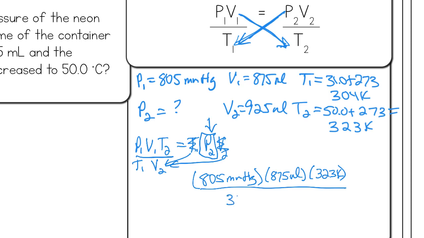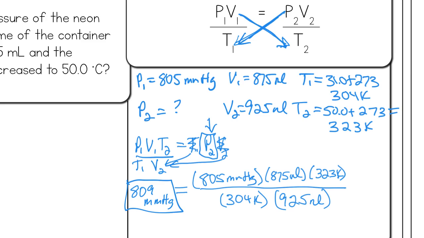T1 was 304 Kelvin times V2, which was 925 milliliters. So I'm going to put that in the calculator and solve for it. When I solve, I'm going to get 809 millimeters of mercury. And there we go.